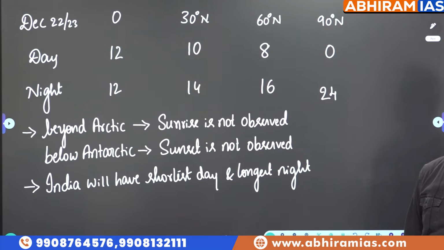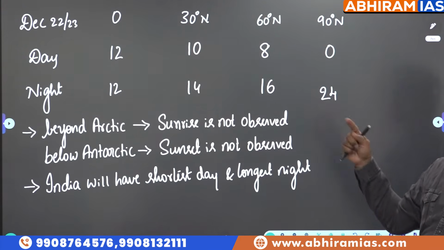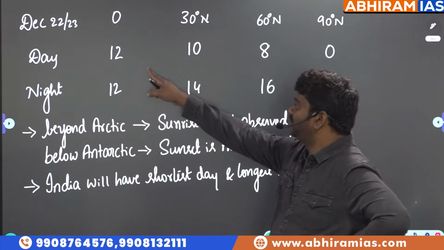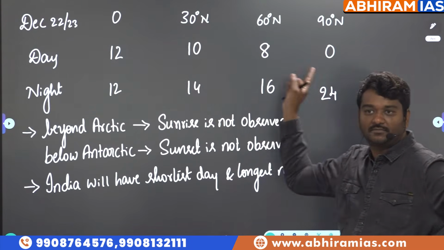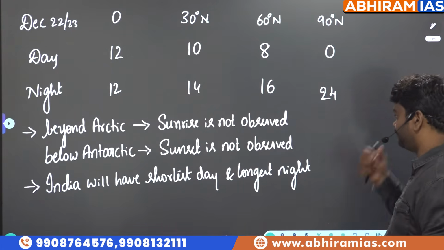Places closer to equator will have the longest day. Correct? As we move away, what is going to happen? Day length keeps on decreasing. In India, take the case now, Thiruvananthapuram is closer to equator. Their day length will be more. As you move away from equator, it reduces. Okay? Next.